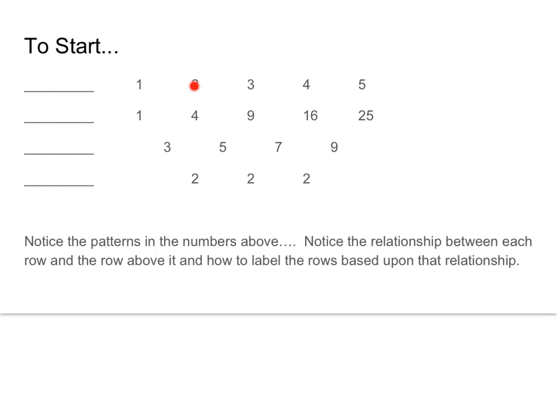Okay, do you see any patterns that took place here? Pretty simple. Then we have this row and the row after that. Okay, this 3 is written between the 1 and the 4 on purpose. How did we get there? The 5, how did we get there? Then 7, etc. And then how do we get to the 2? Okay, we're doing math operations here. How do we get to the 2?